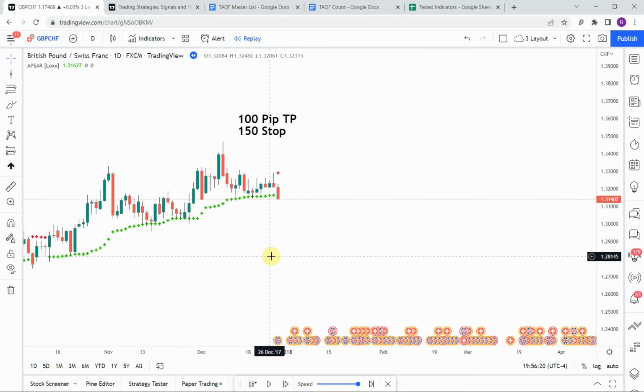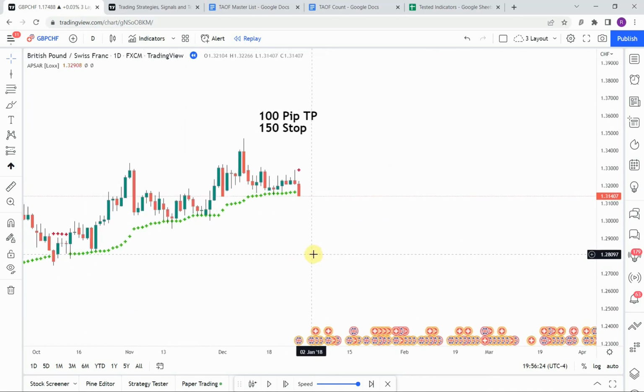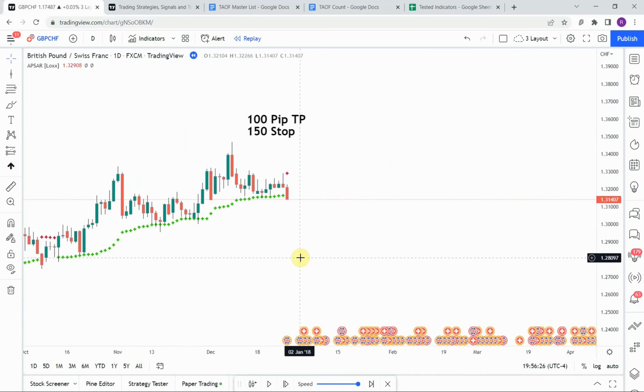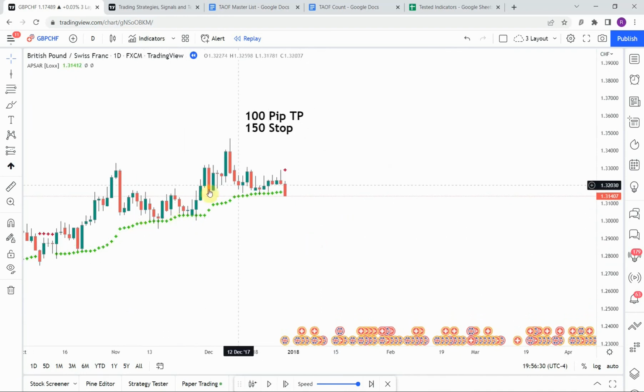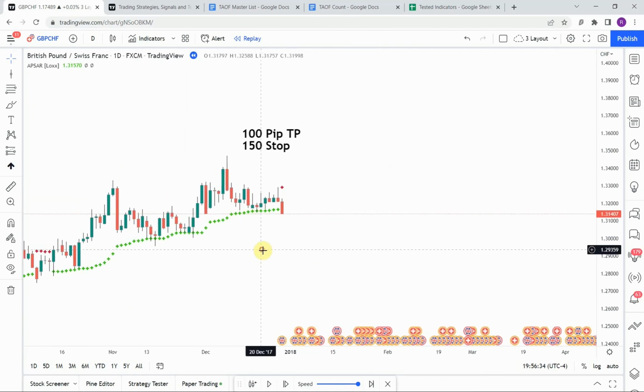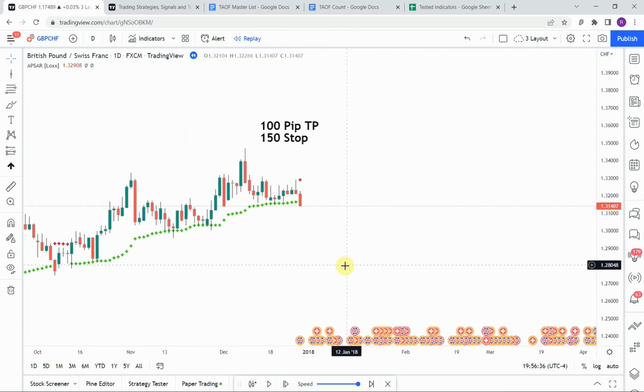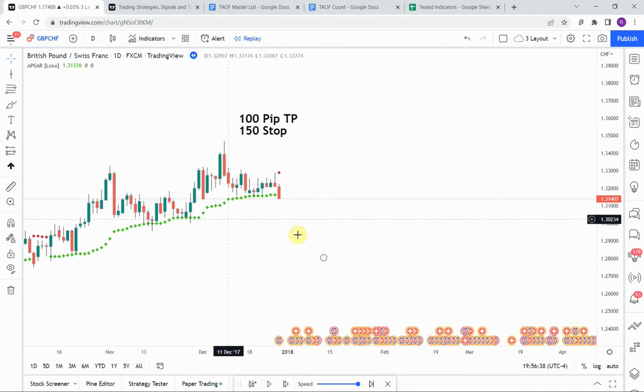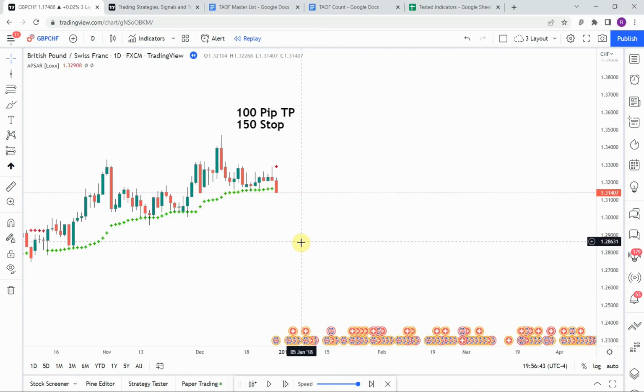So like I said, exactly the same way we would trade or use the standard parabolic SAR, except this one is colored, and so it makes it a tad bit easier to visually notice which way you're supposed to be going. So, all right, that's what we're looking for. Let's go ahead and get on with the testing and see what we can get out of it.